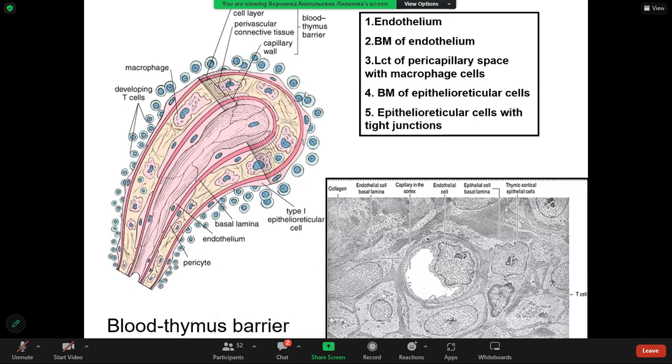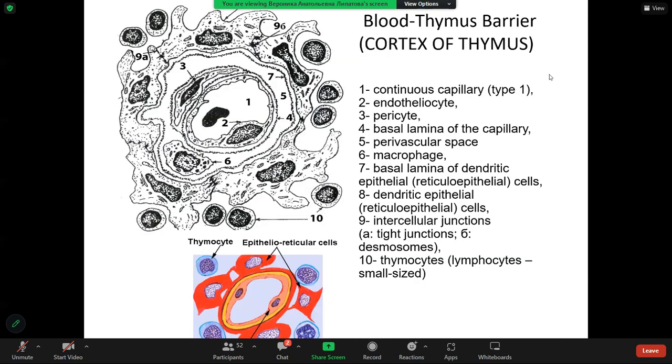Yes. These are thymocytes, differentiating T cells at different stages of differentiation. This picture illustrates the same, but I think more clearly. First of all, this is the endothelial cell, this is the basement membrane, continuous basement membrane.